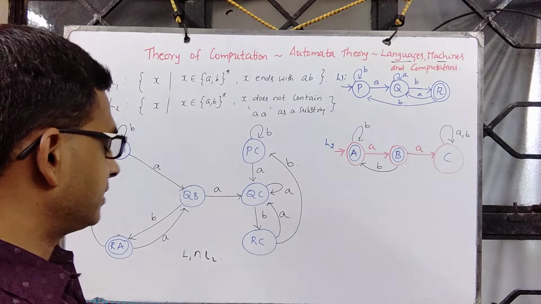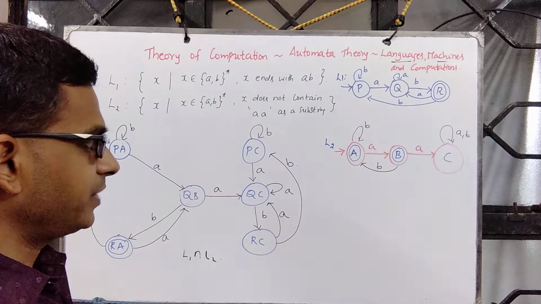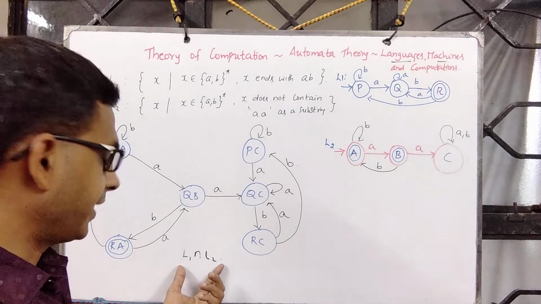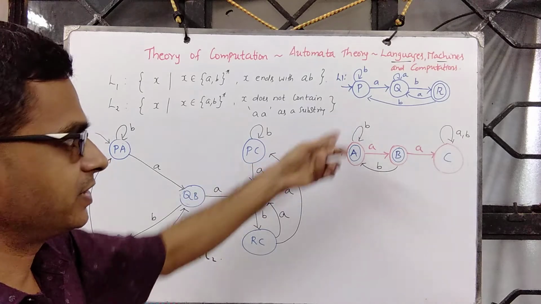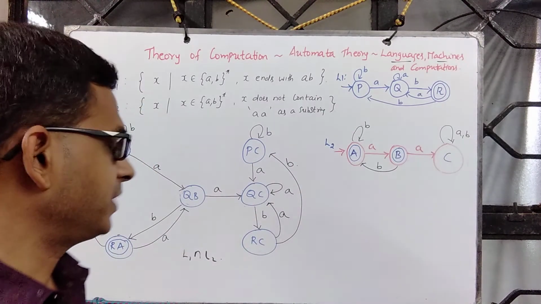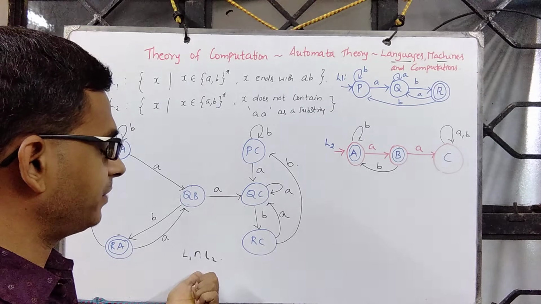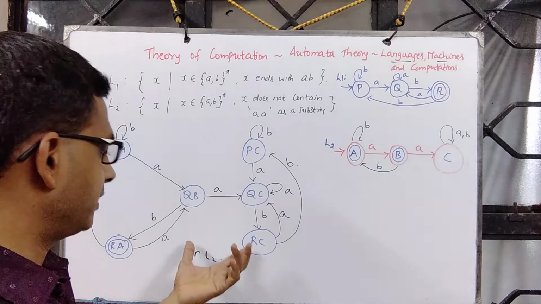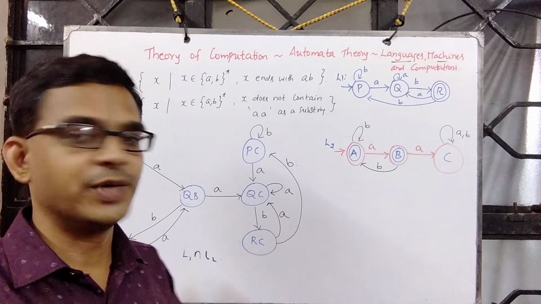So the message is, this framework gives you a deterministic finite automaton for L1 intersection L2 if these two are deterministic in nature. If L1 and L2 are deterministic finite automata, then the framework also gives you a deterministic finite automaton for L1 intersection L2, but the automaton we obtain need not be a minimum one.